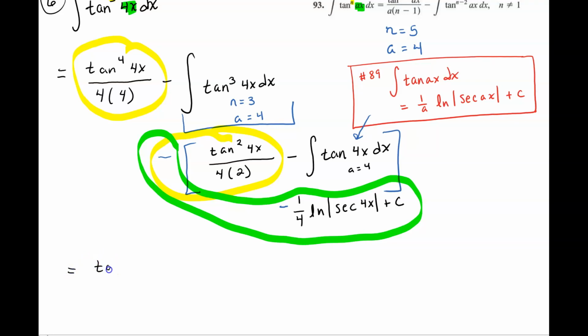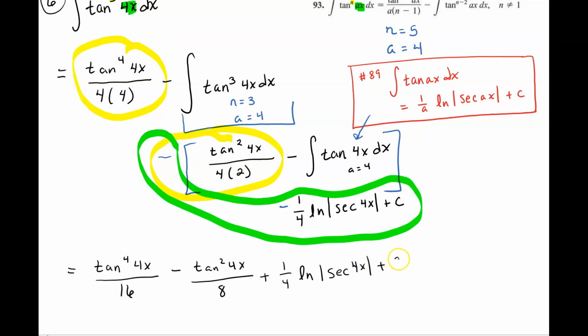We get a tangent to the fourth power of 4x over 4 times 4, which is 16, minus a tangent squared of 4x over 4 times 2, which is 8. I'm jumping the gun there. We have a negative and a negative, so this looks like it should be positive 1/4 times the natural log of the absolute value of the secant of 4x plus c.